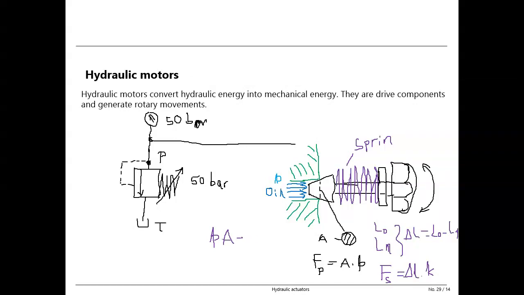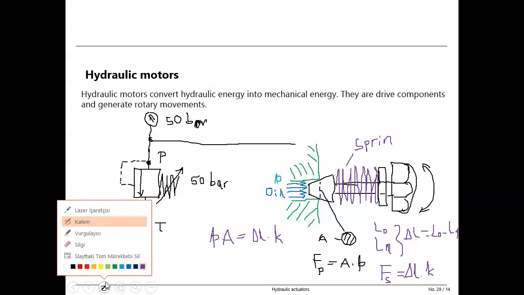On the other side, let's say it's equal to each other, delta L times spring constant.